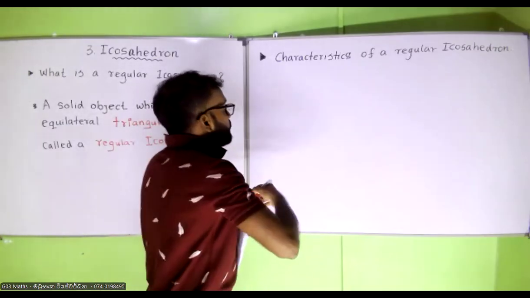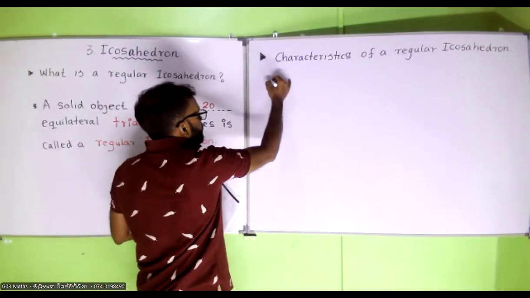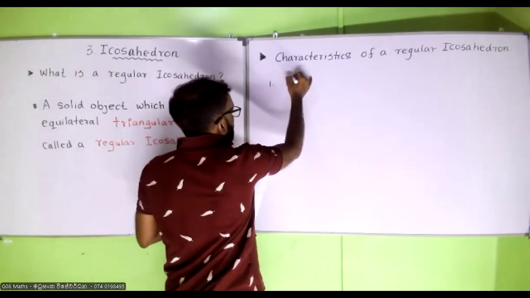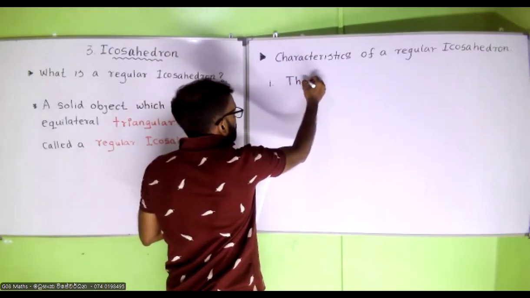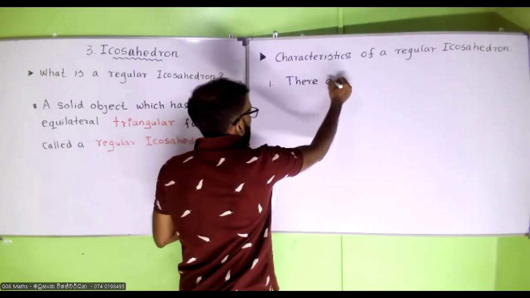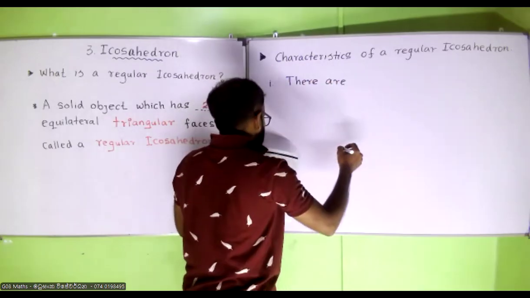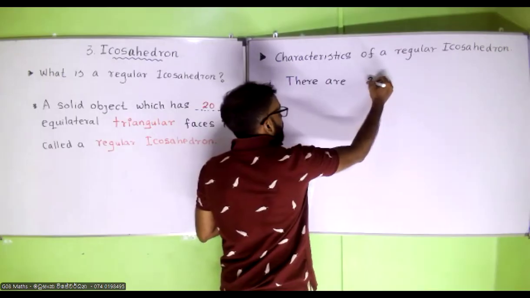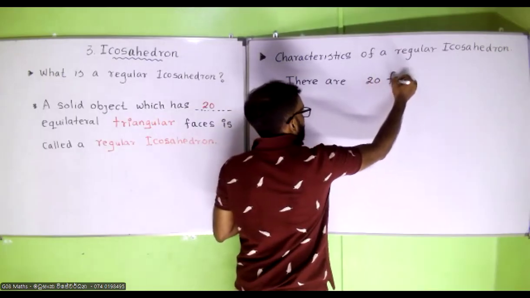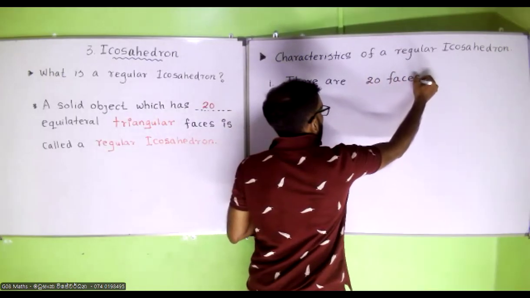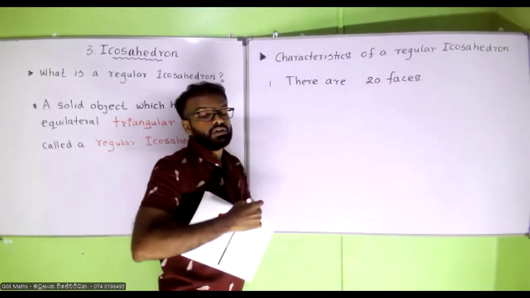So the first one: there are 20 faces for this icosahedron.